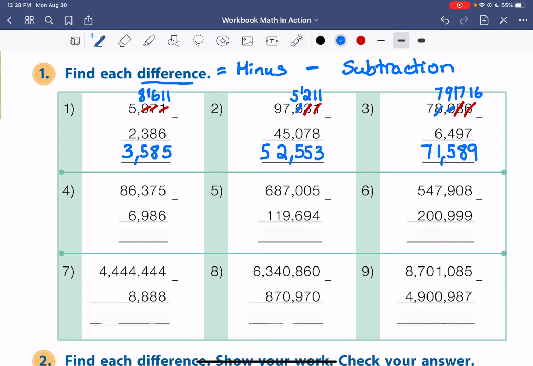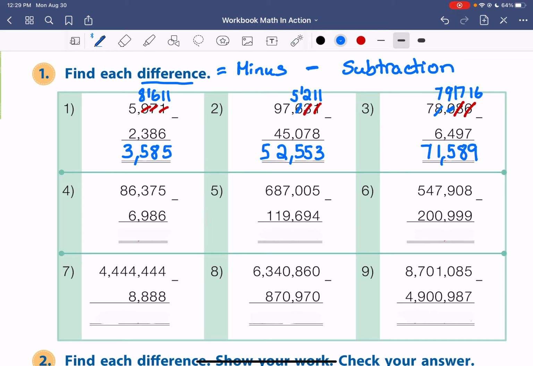All right, next one. Number 4. Here we have 86,375 minus 6,986. So again, 5 minus 6. It's not possible, right?